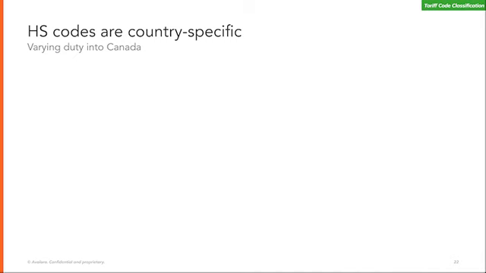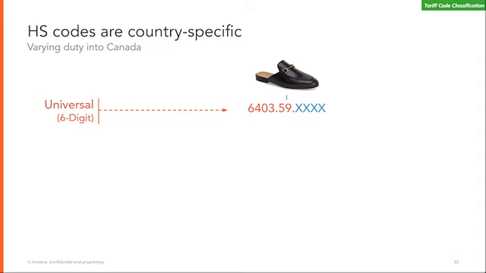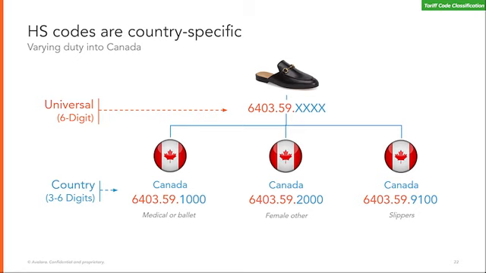And as they walk through it, I have a good example here on the screen of a slipper. So this is a loafer or a slipper, and the universal HS code is 6 digits, as Nicole mentioned, and then you have to find that country-specific code, which is typically 10 digits, depending on the country, could be 12.